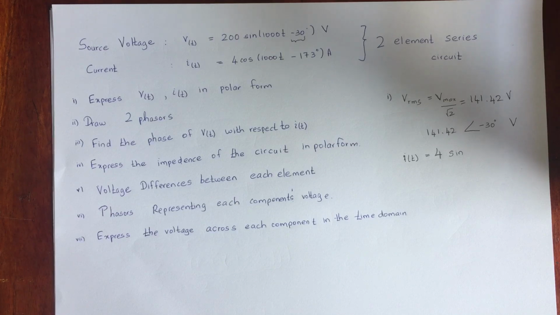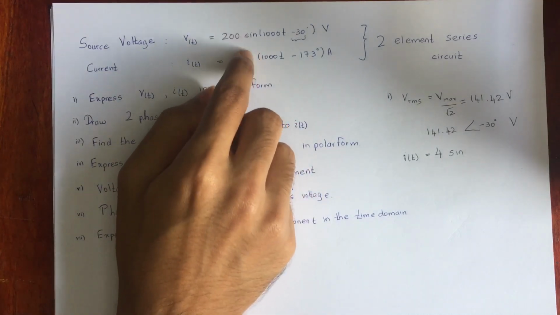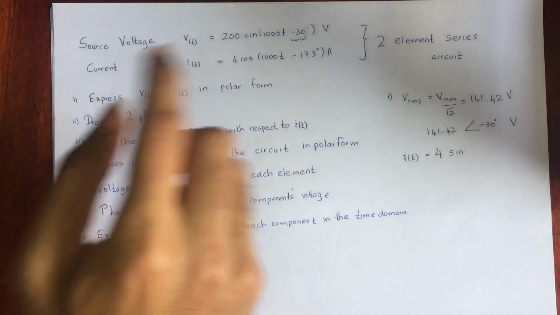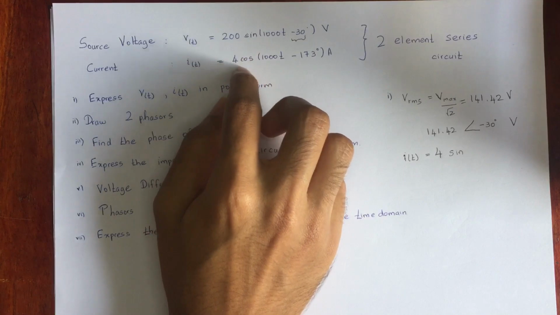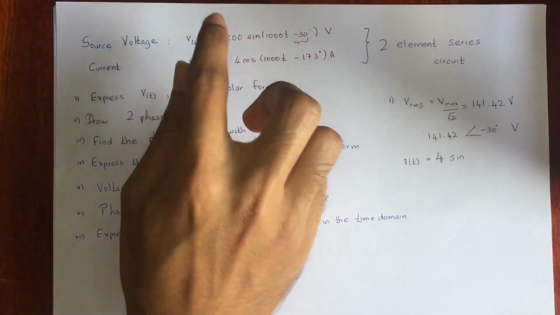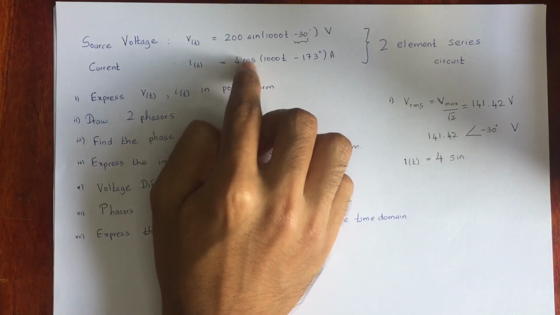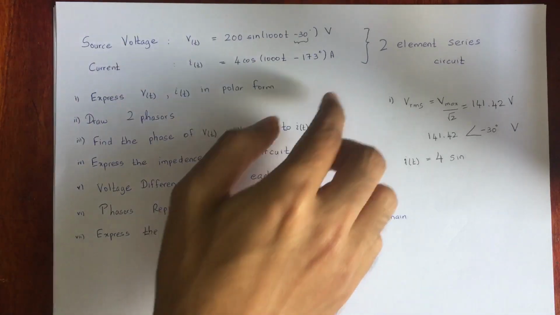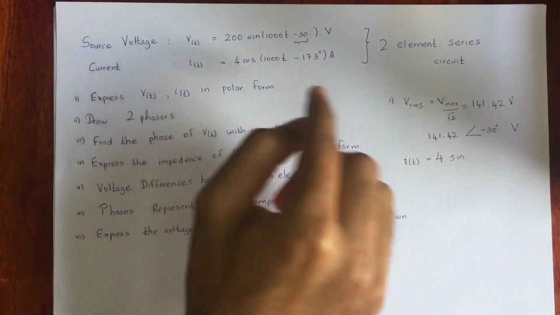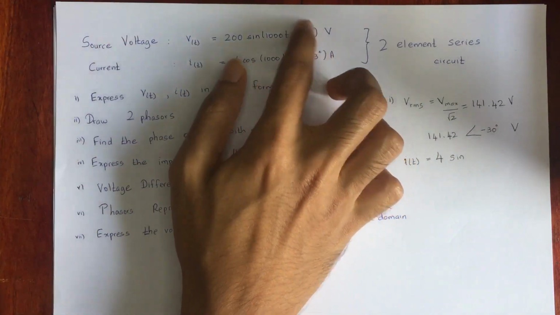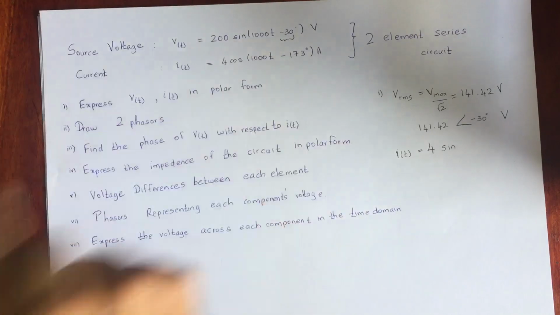So the question is whether these two are in the same trigonometric function. The answer is that we have solved the voltage for the sine form, so we can change the current to sine, and then find the initial phase angle of the current with respect to the same reference we used for the voltage.